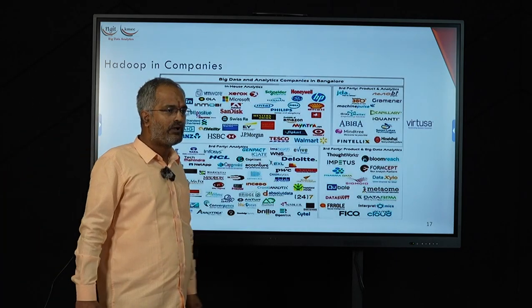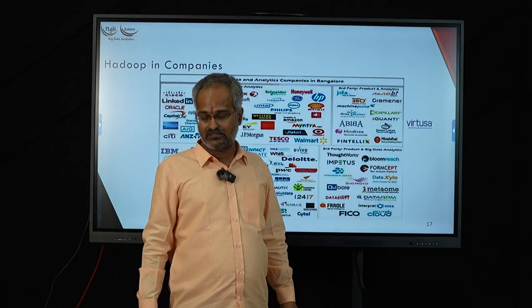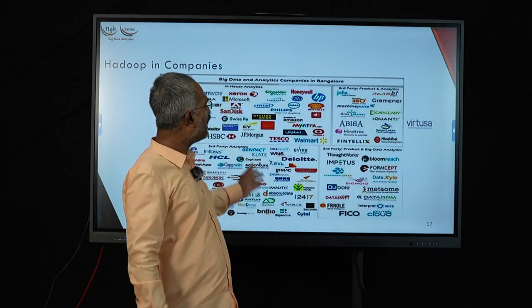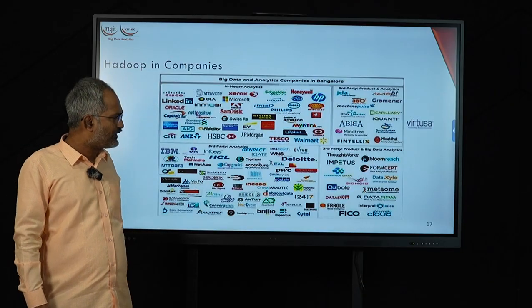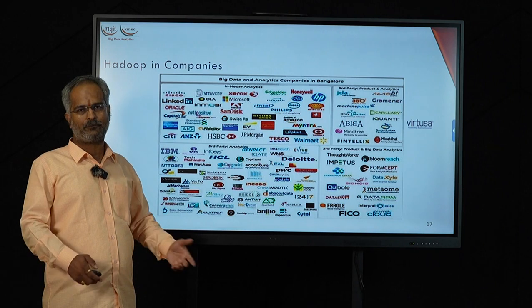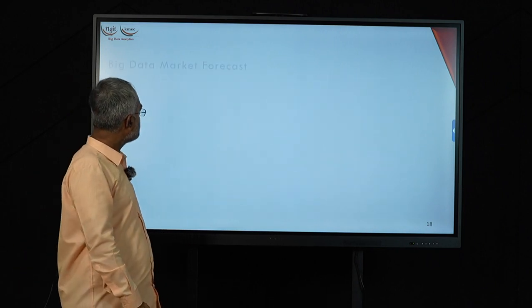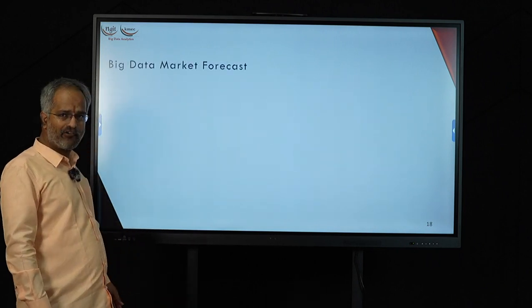So here, which companies are using Hadoop? Almost all companies are using Hadoop, right? So you can concentrate on Hadoop. This is from the placements point of view also. Now, what is the big data forecast?